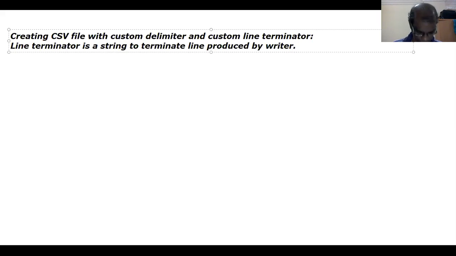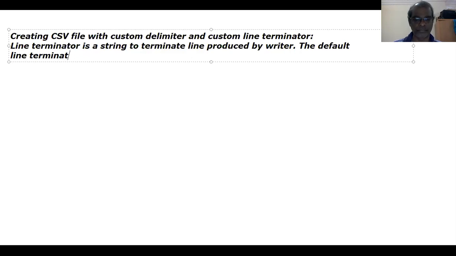Here, line terminator is a string to terminate the line produced by the writer. The default line terminator is \n.